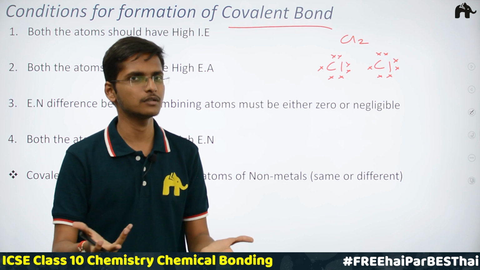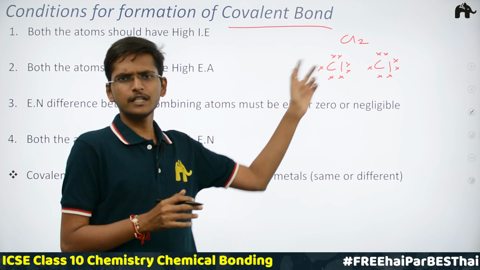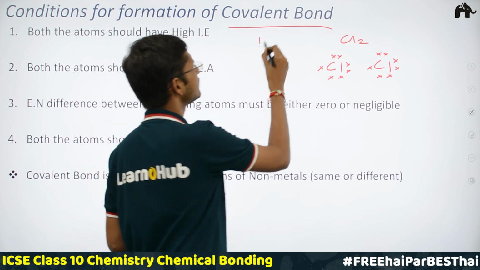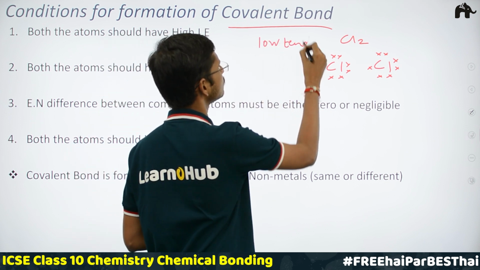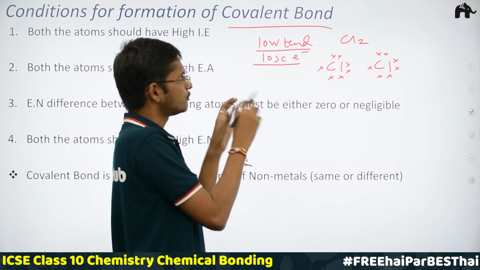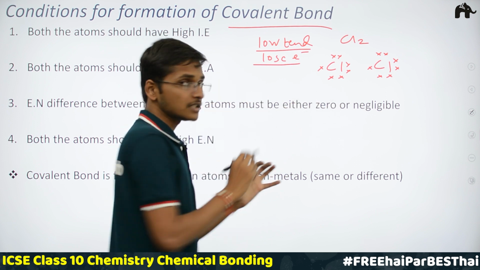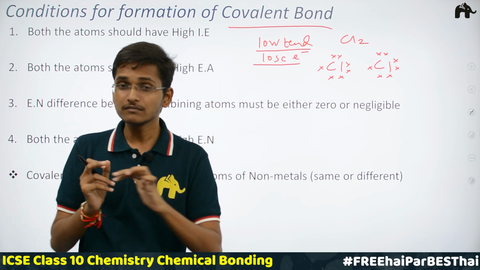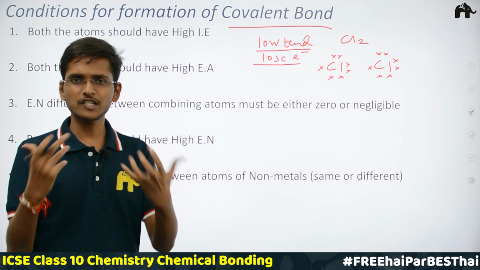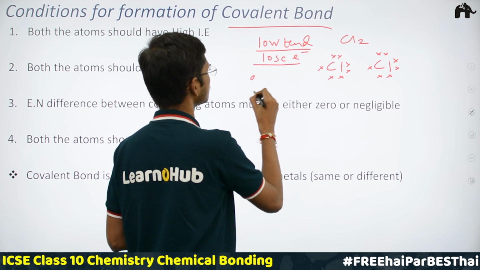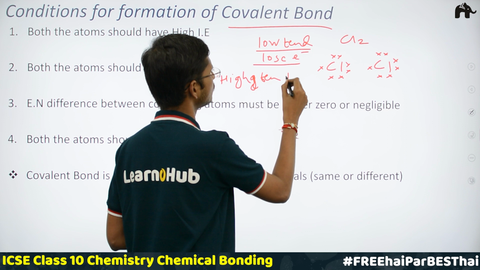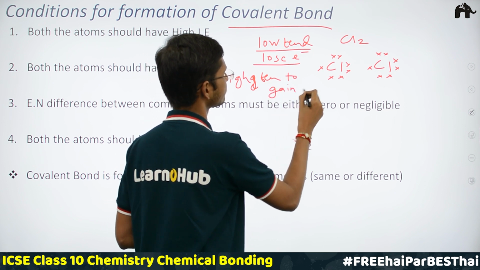The condition here is that they have a very low tendency to lose an electron, and in contrast, a very high tendency to gain an electron. Both of them are desperate for just 1 electron.